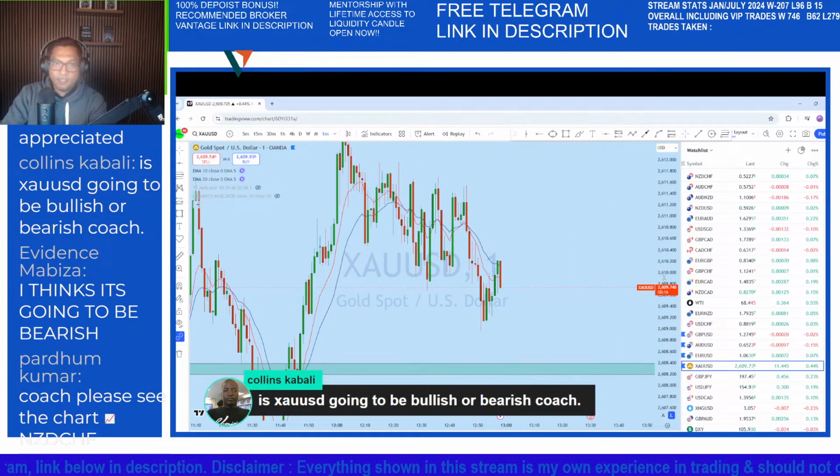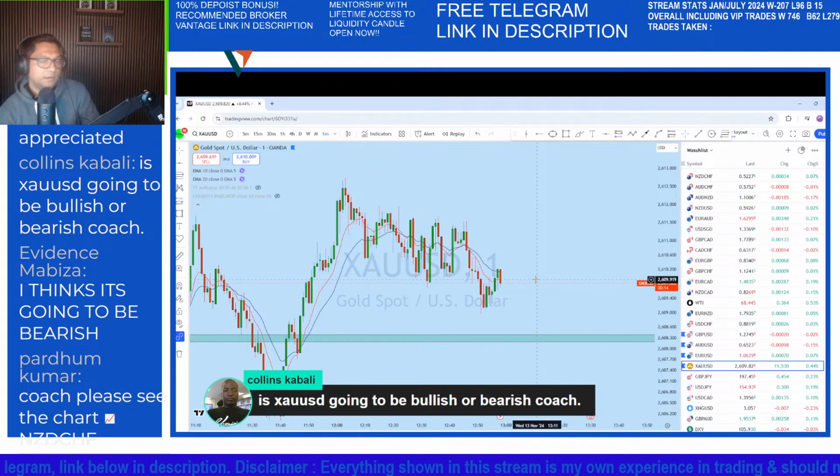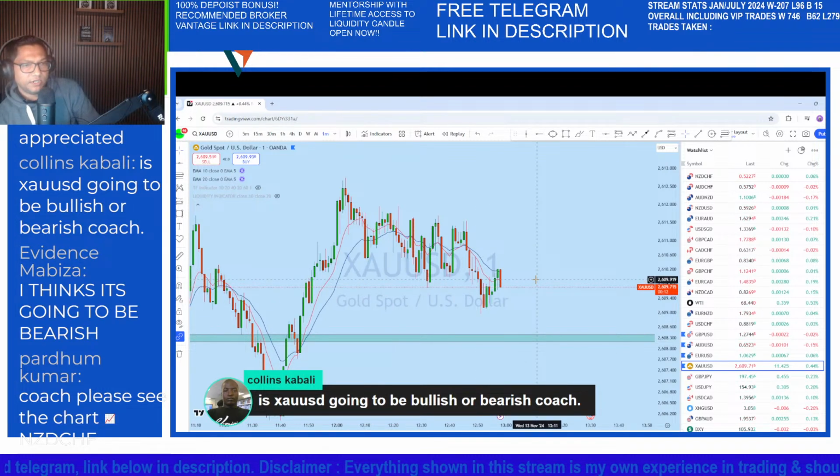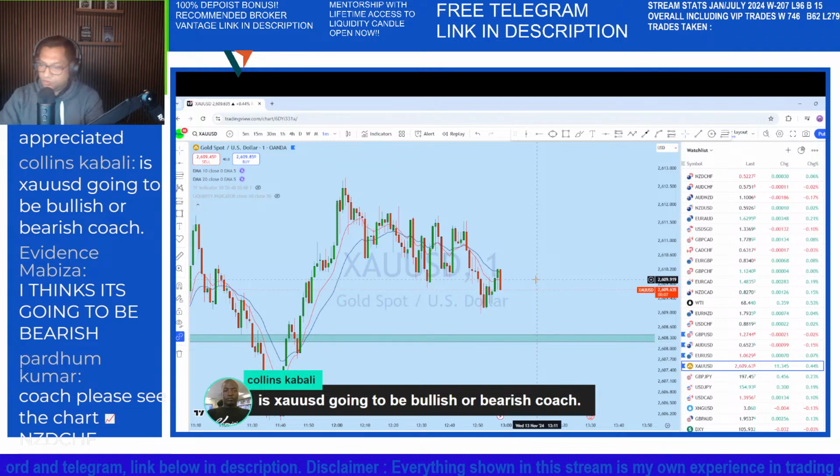Okay, we see that there is a break here, and with that breakdown, expecting the market to trend further to the downside.